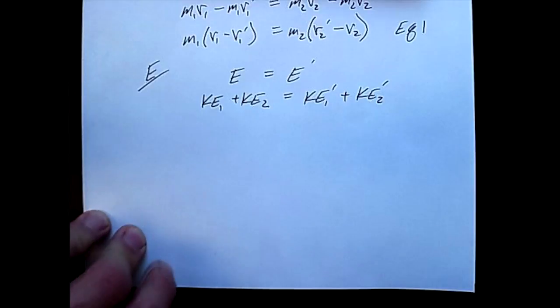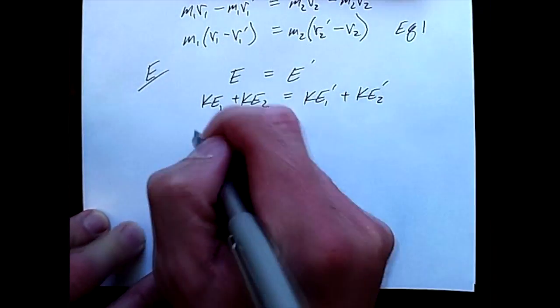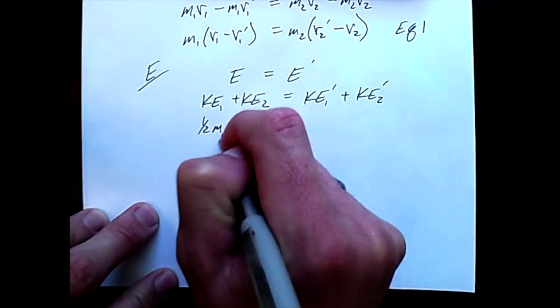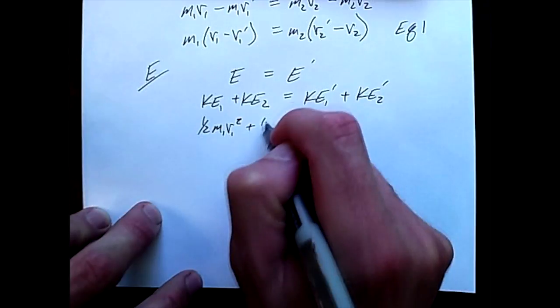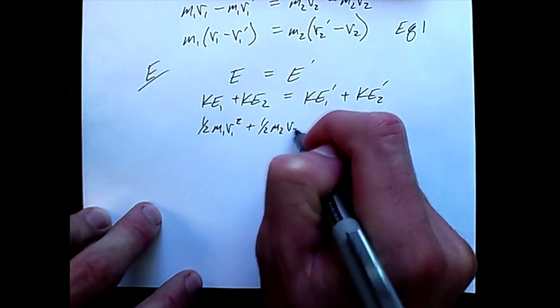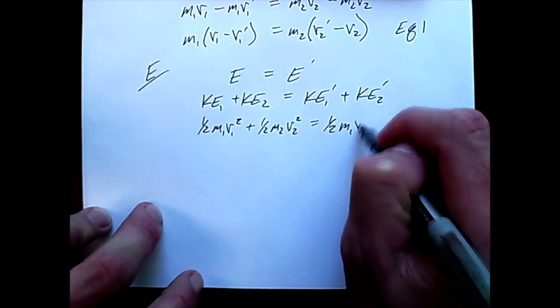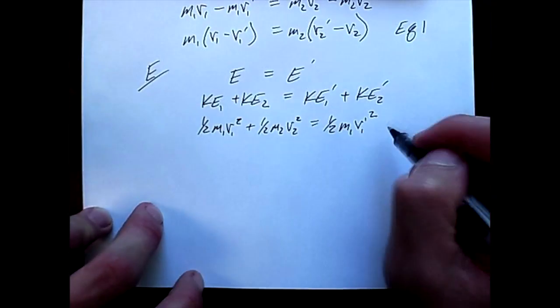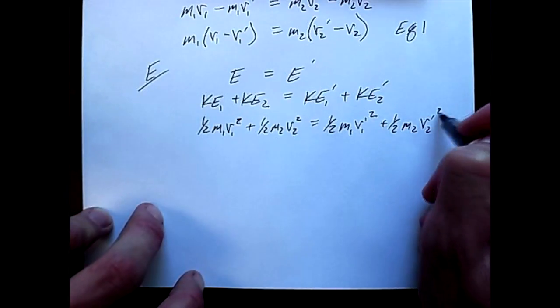There are no other options. Now, expanding out the formula for kinetic energy, I have 1/2 m1 v1 squared plus 1/2 m2 v2 squared equal to 1/2 m1 v1 prime squared plus 1/2 m2 v2 prime squared.